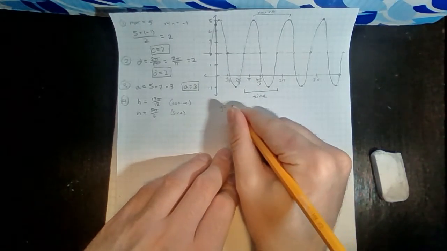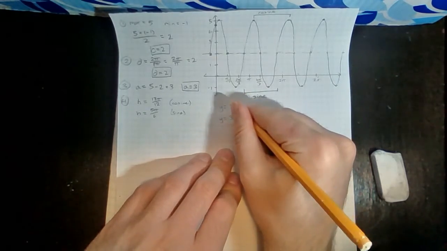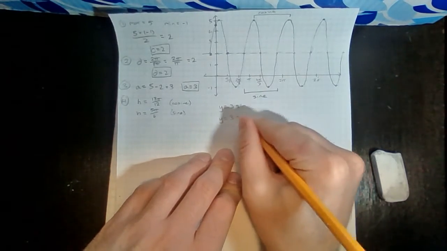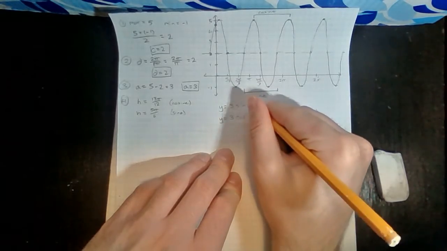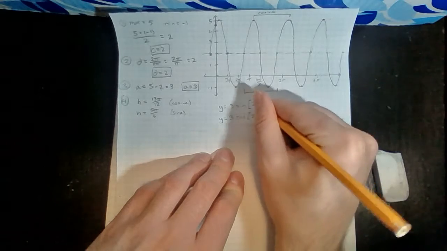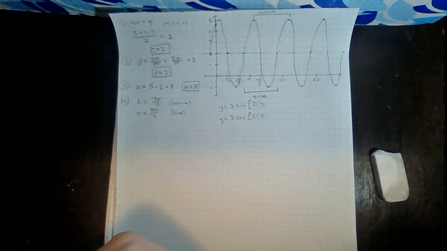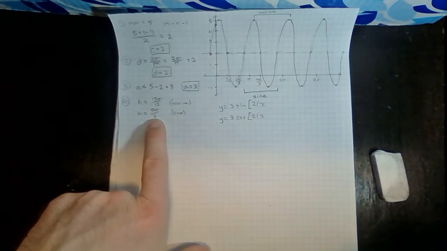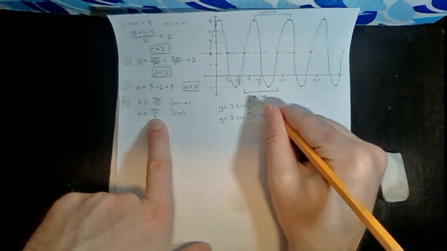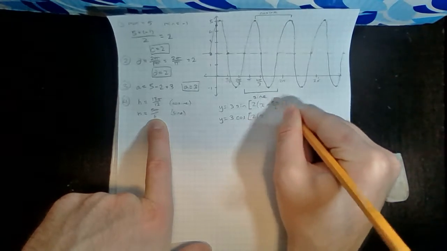So our A value is 3. We'll do both sine and cosine. D for both is 2. Now sine, our h was 5 pi over 6, so we subtract 5 pi over 6.